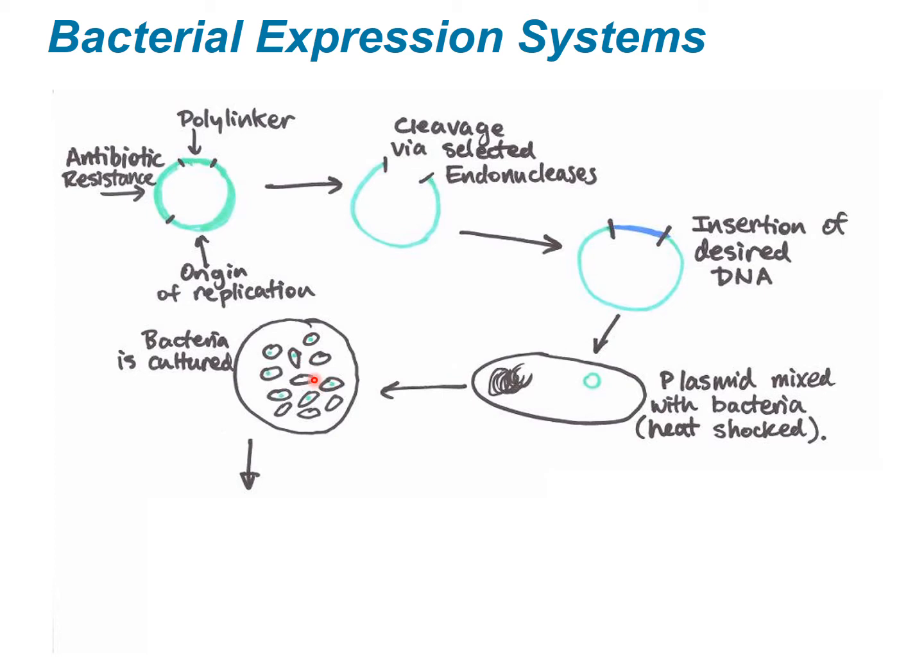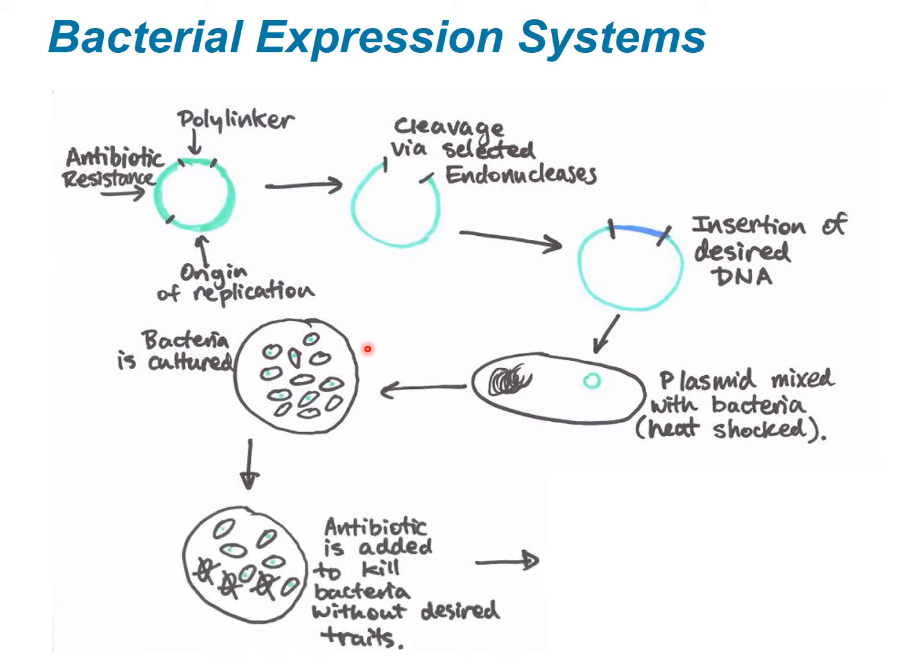You can check this by looking for colonies that are surviving within the medium that has the antibiotic present. Those bacteria that do not have the antibiotic resistance are not going to survive, and those that do have the antibiotic resistance present are going to survive.